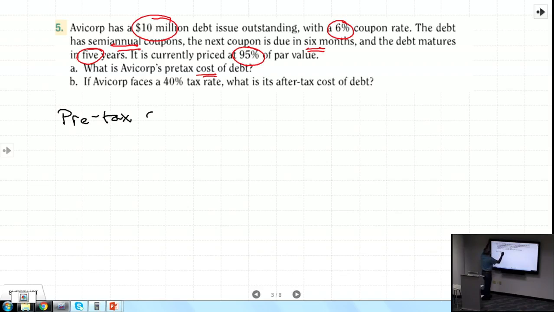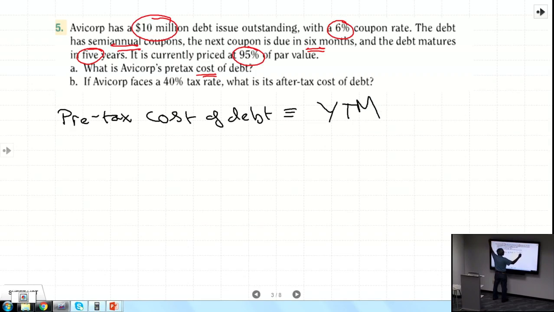Pre-tax cost of debt essentially is equivalent to the bond's yield to maturity. So how do we calculate yield to maturity? We learned this in the bond pricing chapter. We have to find out P0, which is given as 95% of par value.